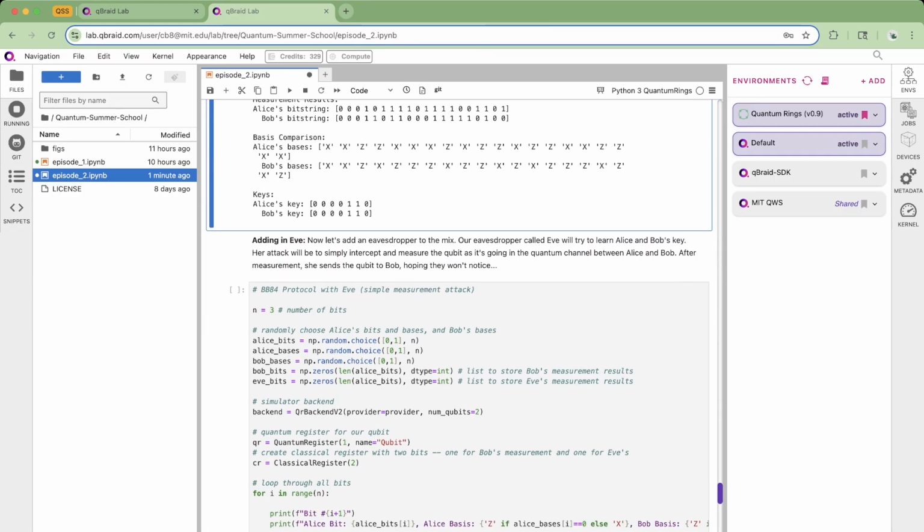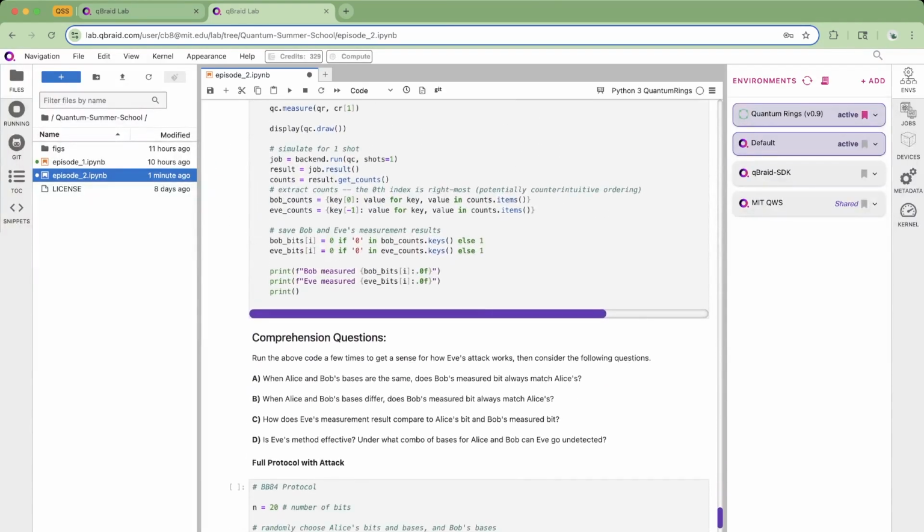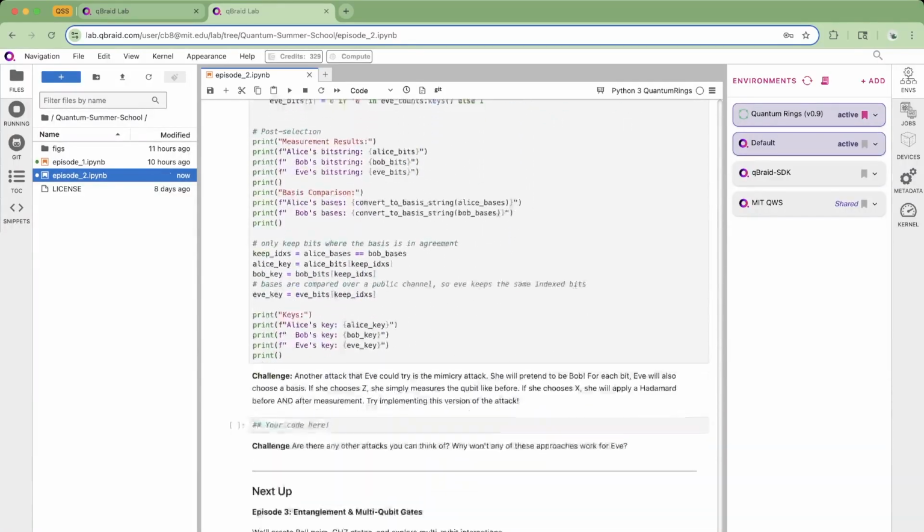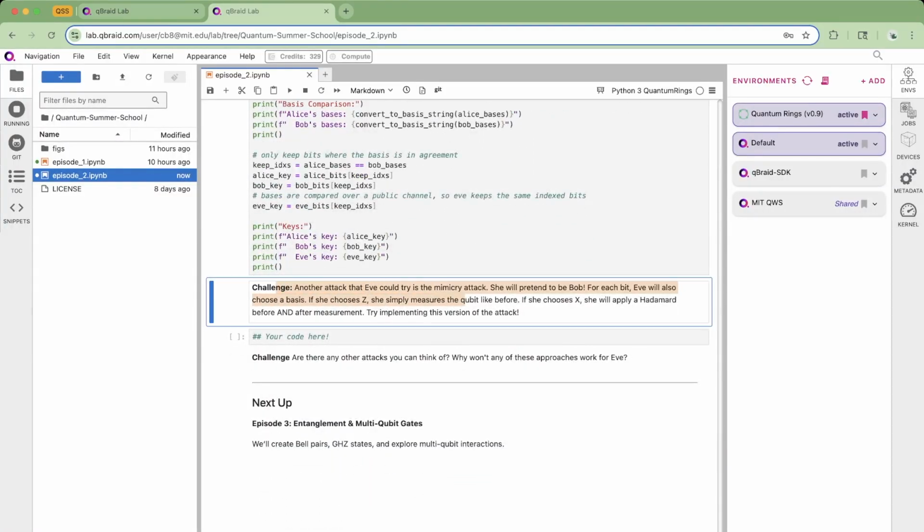In this part of the notebook, you can try out adding in Eve's simple measurement attack, and you can see how that impacts Alice and Bob's shared key, and if they're able to detect her or not. And then if you want an extra challenge after that, you can also try the mimicry attack, where Eve mimics Bob and tries to disguise herself by also randomly choosing bases.